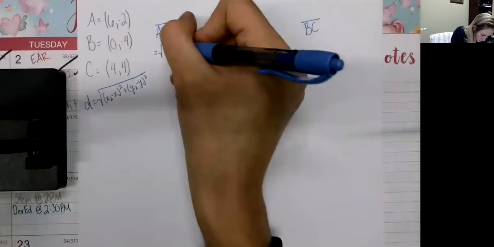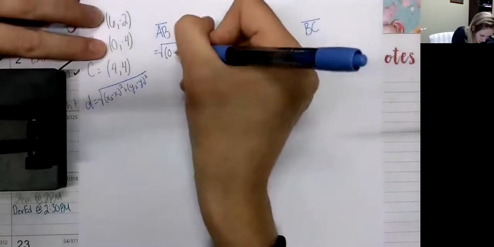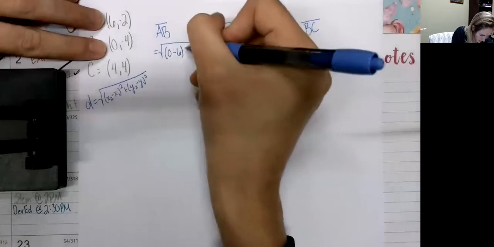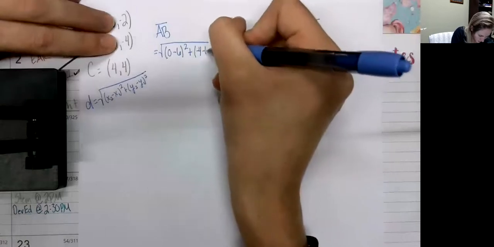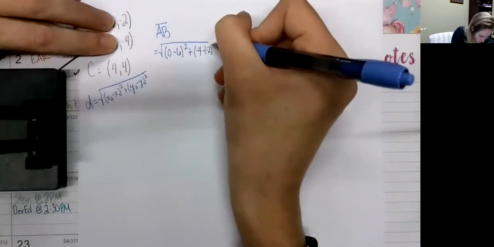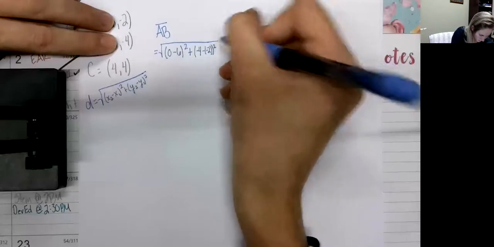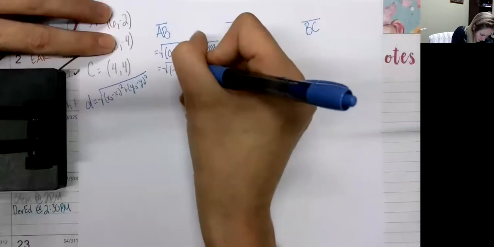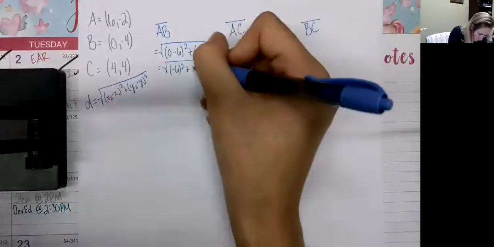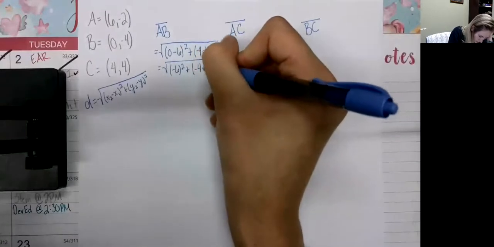Give myself some room, and we'll do x2 is 0, subtract 6 squared plus negative 4 subtract negative 2 squared. Go ahead and simplify that. So right here we'd have a negative 6 squared plus negative 4 plus 2 squared.